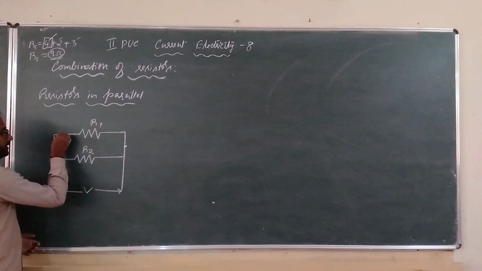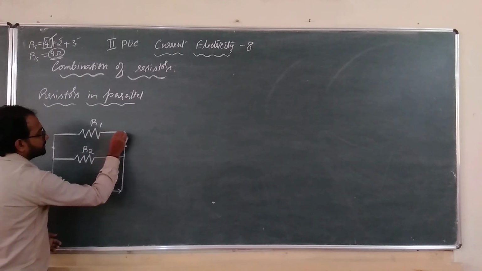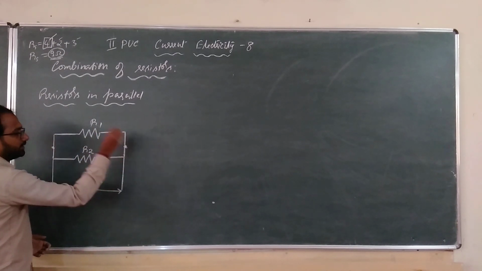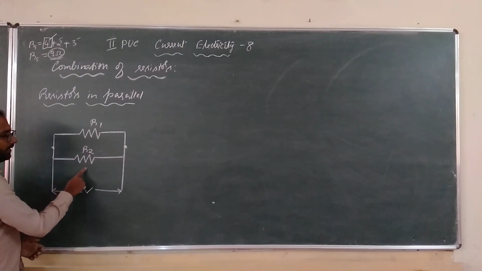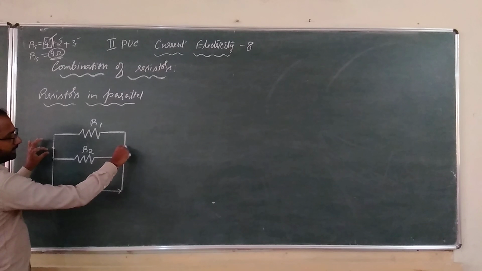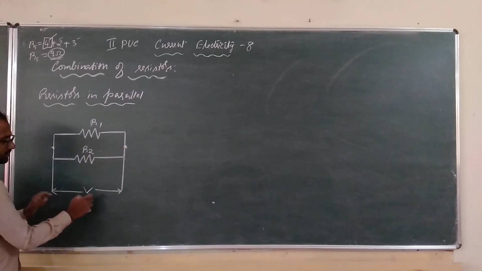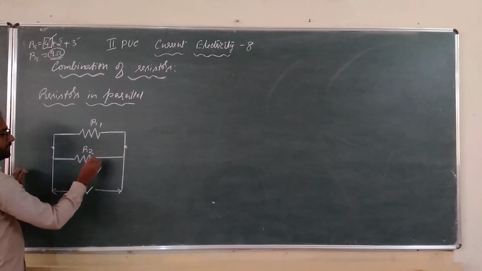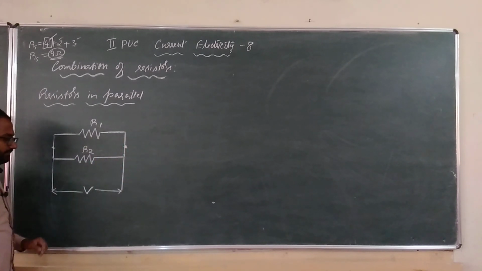One terminal of this resistor and one terminal of that resistor are connected to one common point, and the other terminals are connected to another common point, such that if a potential difference is applied across those two common points, the same potential appears across each resistor.